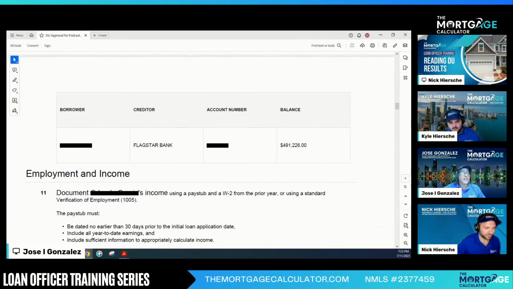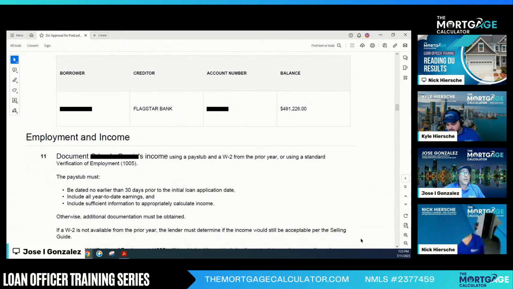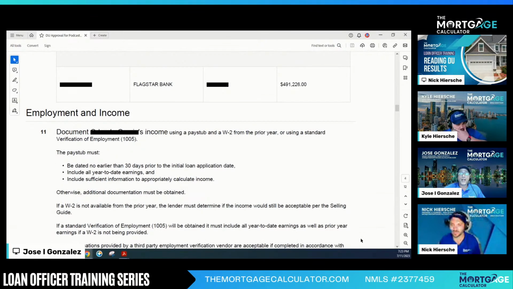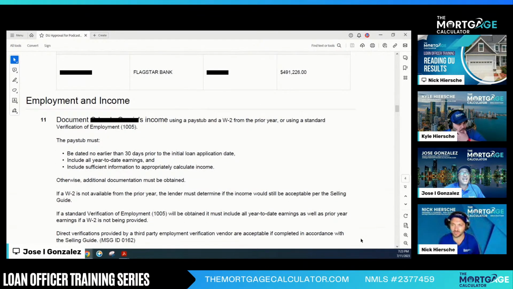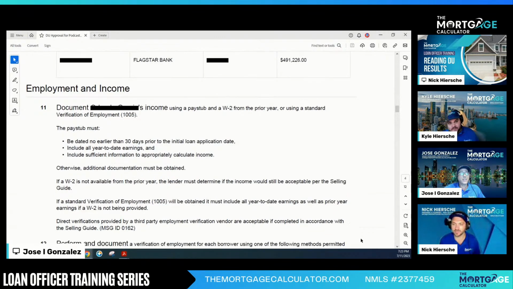So now here is the interesting part of the file, when we're talking about the income documentation, right? We can never assume that tax returns are going to be needed. It is awesome when tax returns are not needed, because that means I'm not going to have to provide a tax transcript, a record of account tax transcript.